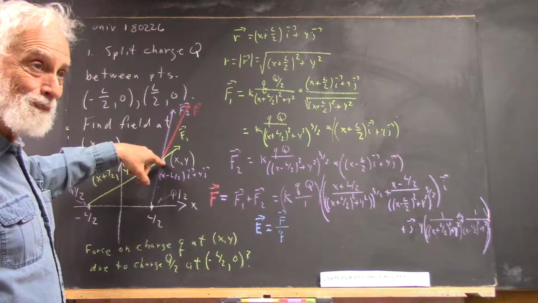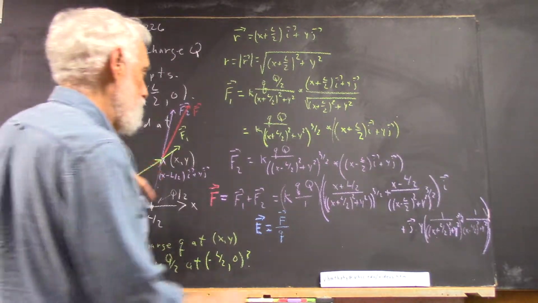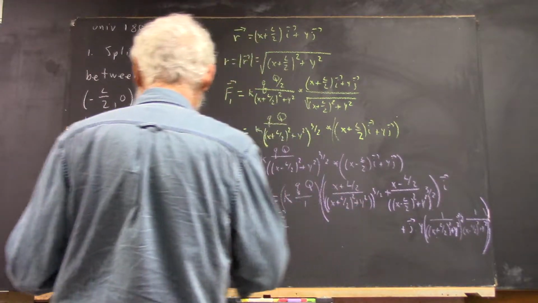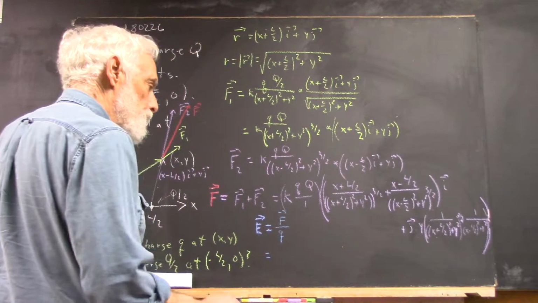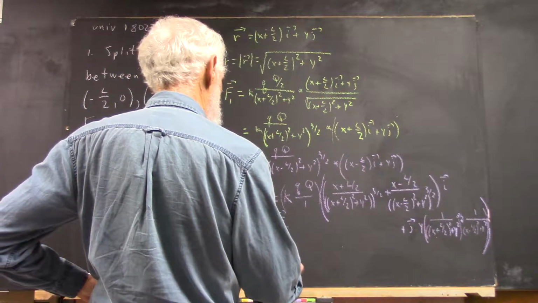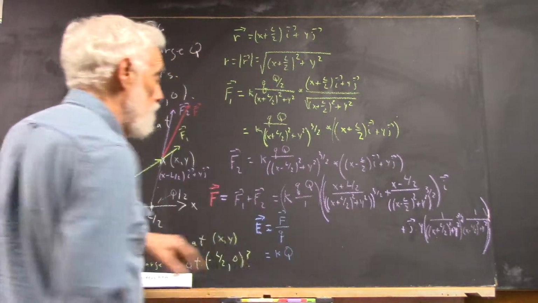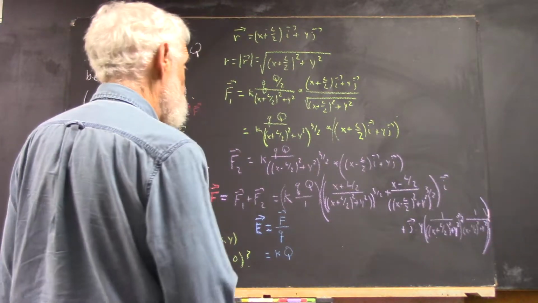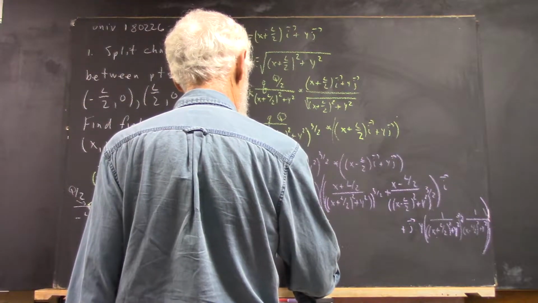And then you can write out what this is, and I'll attempt to leave myself enough room. We're just going to get K times big Q, times all that.